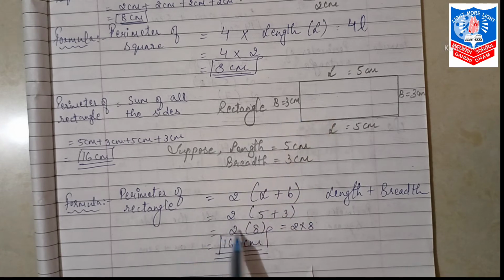Next step: 2, under the bracket I have written 8. How? 5 plus 3 is equal to 8. Then our next step: now we are not having any sign between 2 and the 8 in the bracket. This means into, that means multiplication sign. So I have given 2 into 8.